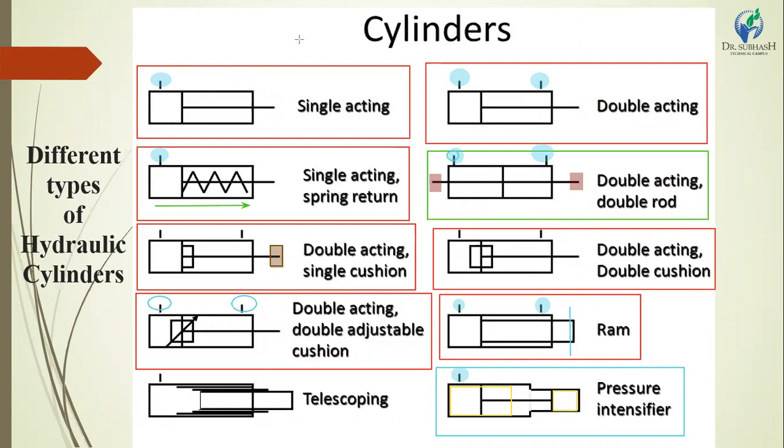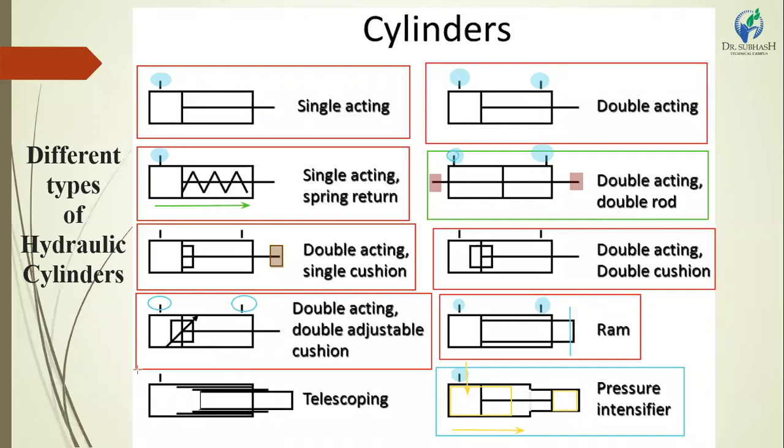If you give pressurized fluid from this part, the piston moves from left to right, but the volume difference from this point to this point is large. Here we give the normal pressure, but at this right side point it gives a higher pressure because of the volume difference, so it creates higher and higher pressure. That is why it is called a pressure intensifier.